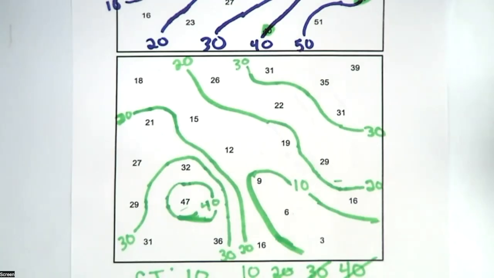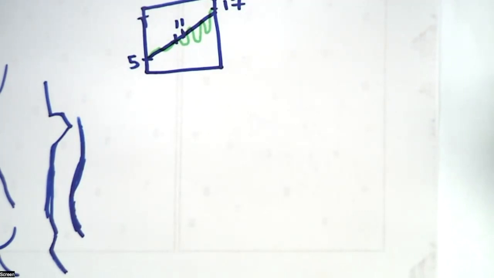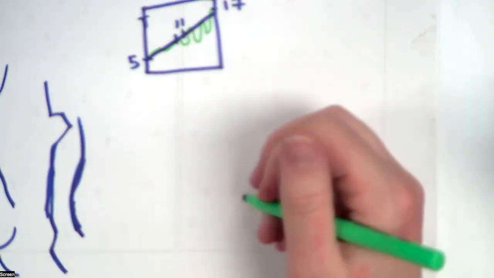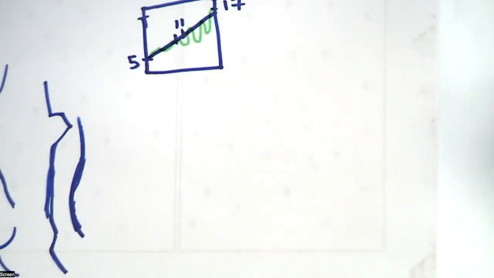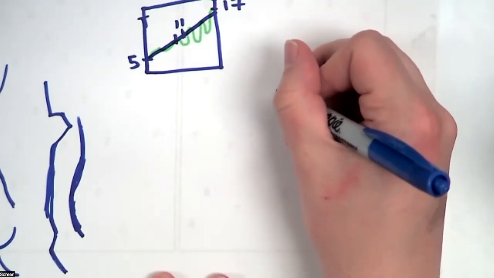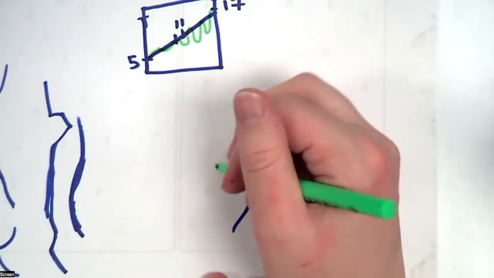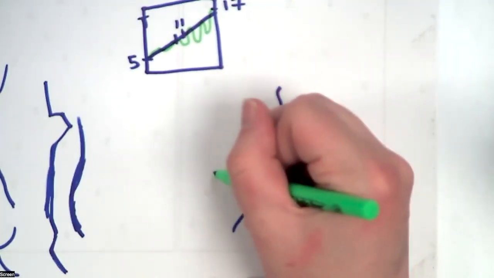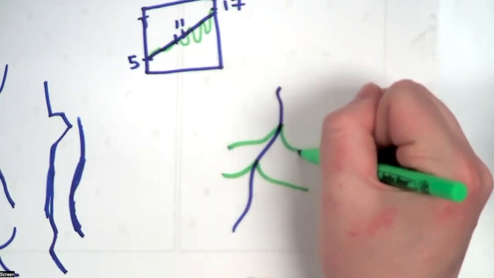If there are streams present on a map, they are going to intersect our contour lines. So I'm going to have a stream in, I guess I should do a stream in blue because that would make the most sense. There's my stream. As it cuts into the topography, it's going to actually bend our contours into V's.